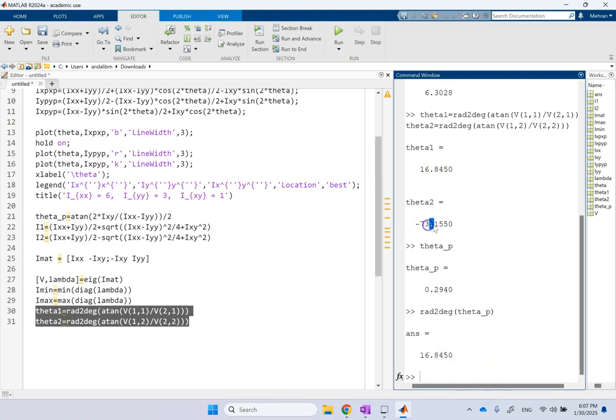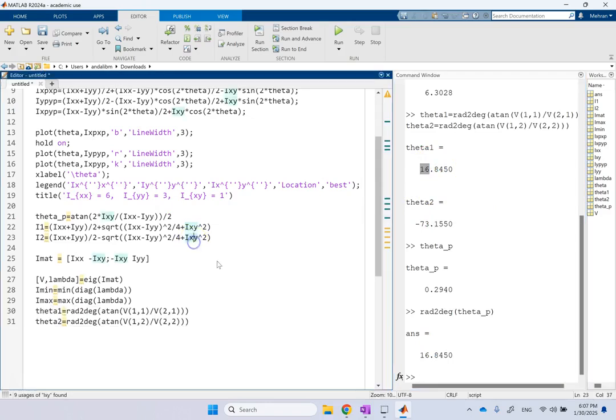And the other one is 90 degrees behind that, and that is because the directions of these eigenvectors, or the principal axes, are always perpendicular to each other. So the directions of I1 and I2 are perpendicular to each other as they should be, and you see I can get the angle also through here. So theta 1 is the same as what? Theta p, and theta 2 is theta p minus 90 degrees or plus 90 degrees.